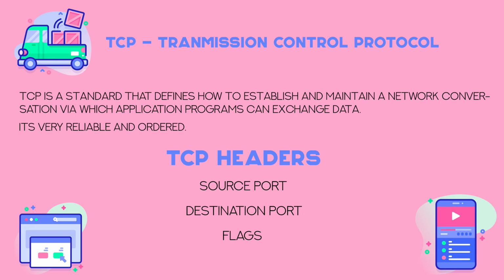Now let's come over to TCP, the last one, Transmission Control Protocol. TCP is a standard that defines how to establish and maintain a network conversation via which application programs can exchange data. That means it's a protocol that governs how devices can make a connection between them and then exchange data. The good thing about TCP is that it is very reliable and ordered.